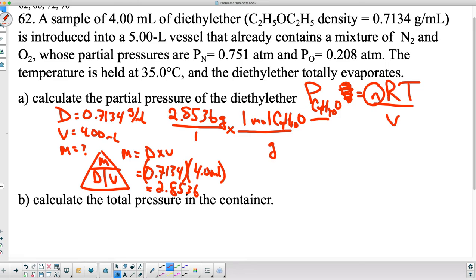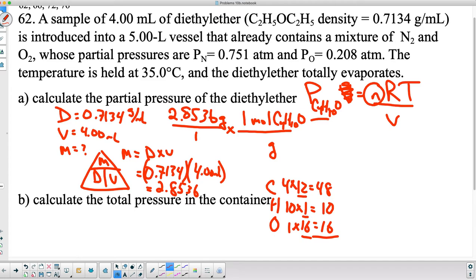Now you've done this before. Carbon, hydrogen, oxygen. I have 4, 10, and 1. Times 12 is 48, times 1 is 10, and times 16 is 16. And I add all of these up here. These numbers that I'm getting here are the atomic masses on any periodic table. It should be 12.0, 1.0, and 16.0.